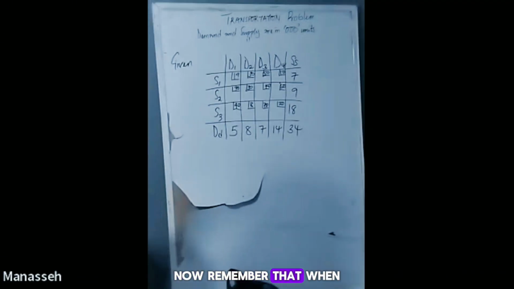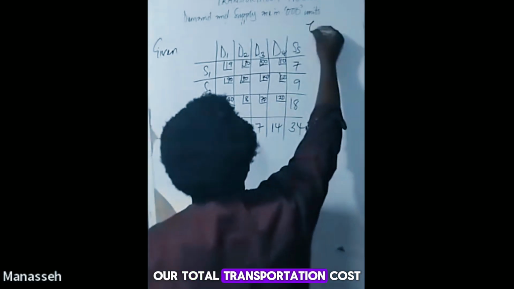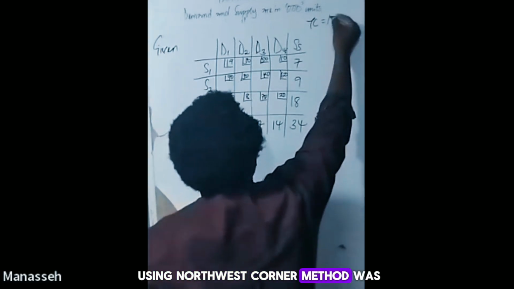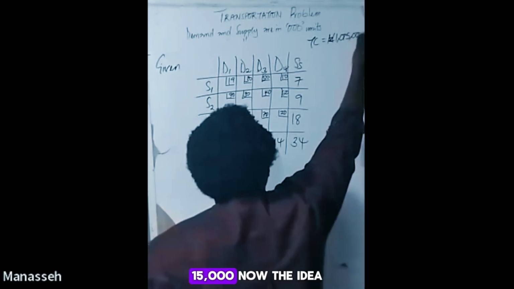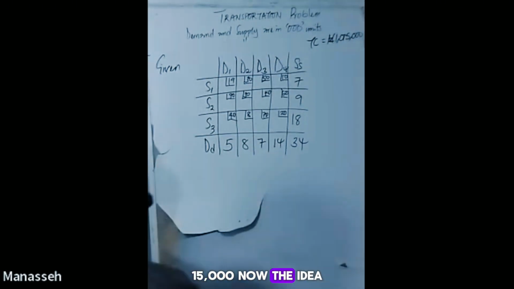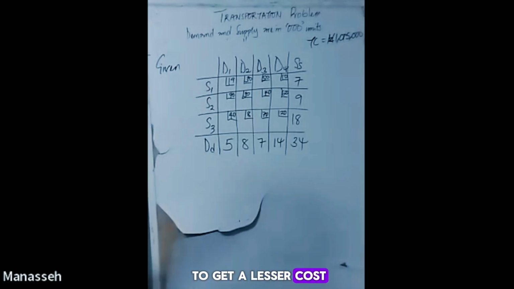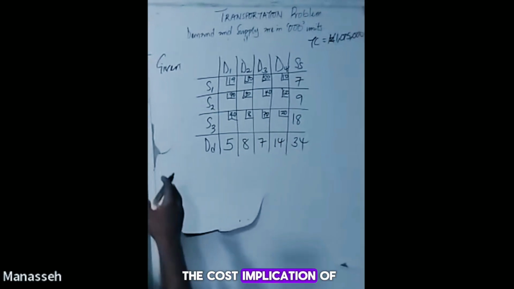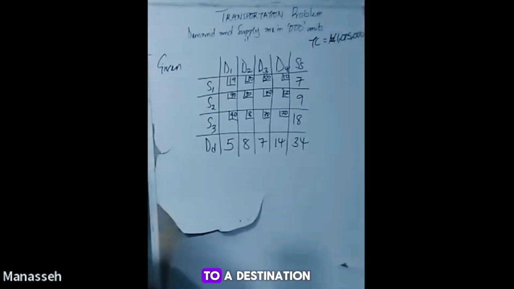Now remember that when we did the northwest corner method, our total transportation cost was 1,015,000. Now the idea is that with the least cost method we should be able to get a lesser cost, because the northwest corner method was based on geographical location. Now, with least cost, we are looking at the cost implication of moving a product from a particular source to a destination.